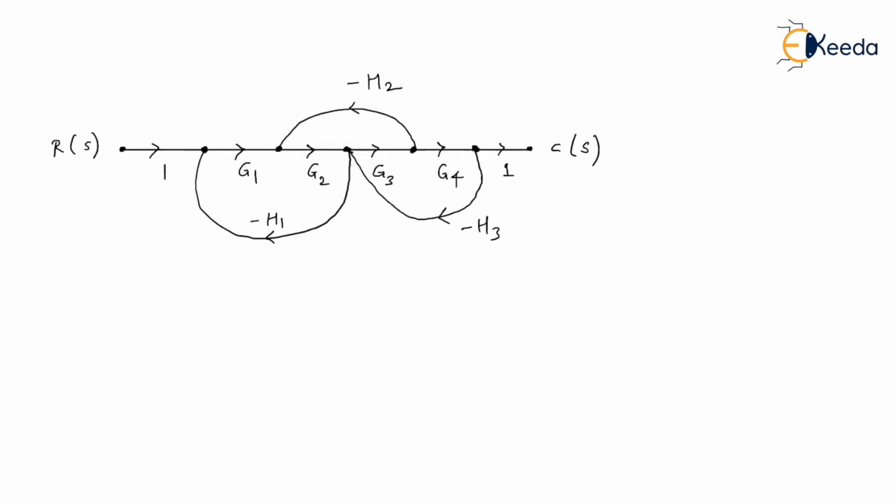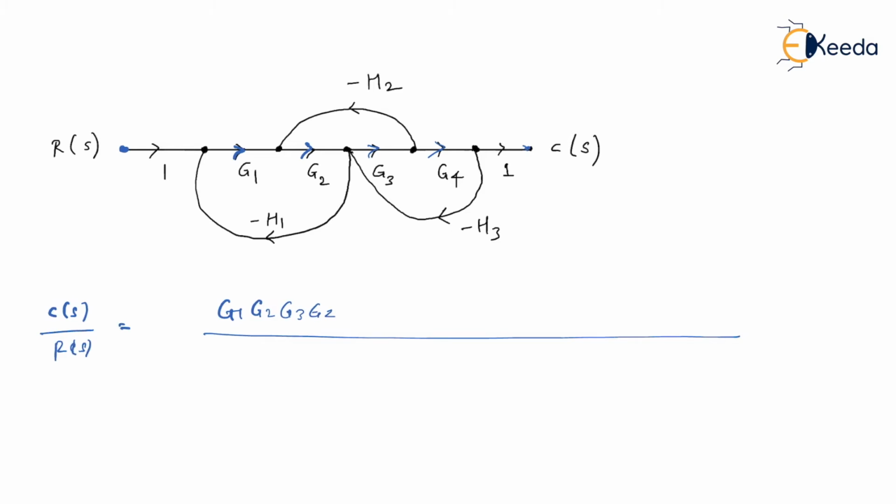Again the question is the same. You have to get the overall transfer function. So I'll go this way, C of S upon R of S. In the numerator, again, we have the summation of all forward paths. Let us take the first forward path from R of S to C of S. So you have G1, G2, G3, G4.